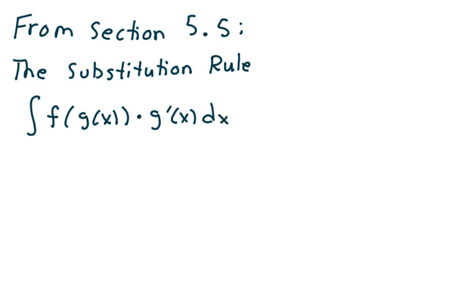You want to transform it into something that's more manageable to integrate. That's the basic idea of the substitution rule. A lot of times instructors will call it U-Substitution. That's what we're going to learn in section 5.5.